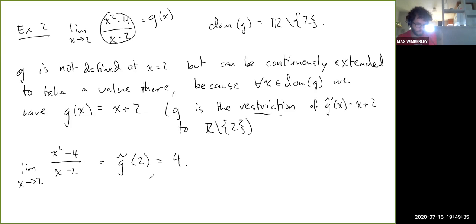Okay? So it might seem very technical, or like splitting hairs, to say that this function is actually distinct from the function x plus 2. But sensitivity to these nuances is critical going forward, especially when we get to defining derivatives, because this divided difference expression pops up there.